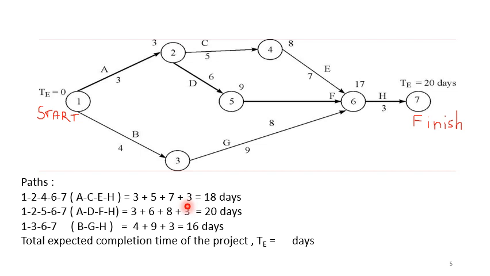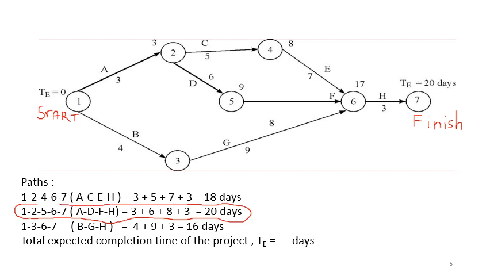The maximum amongst all these paths will be the minimum time required to complete the project. So in this case, you can see here this 20 is the maximum. So this particular path 1, 2, 5, 6, 7, that is ADFH, with a timing of 20 days will be your critical path, and the total expected time of completion of the project will be 20 days.